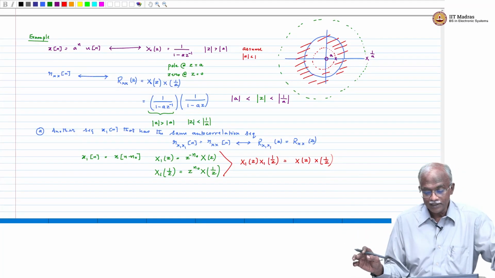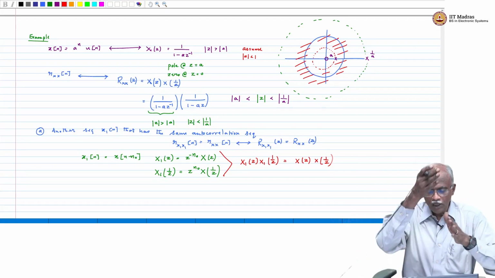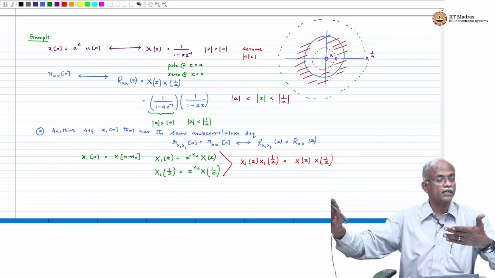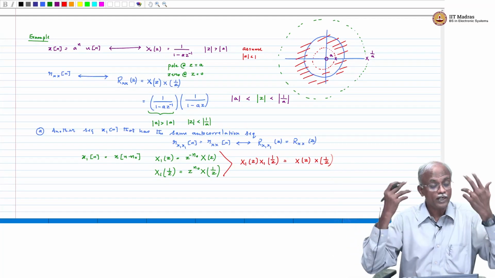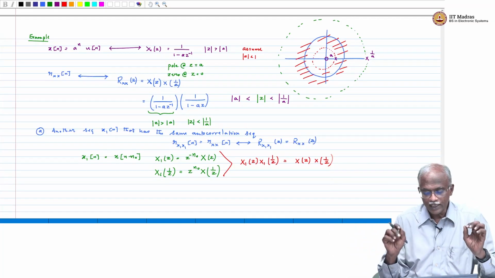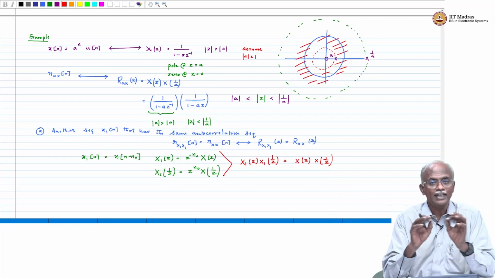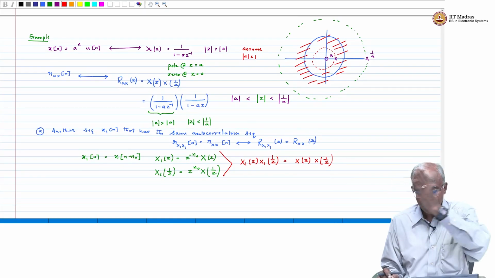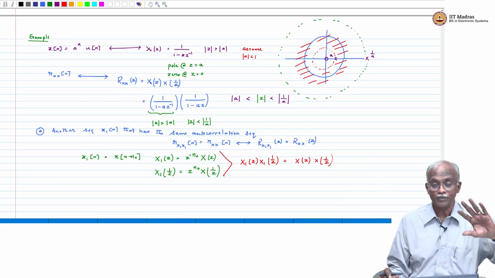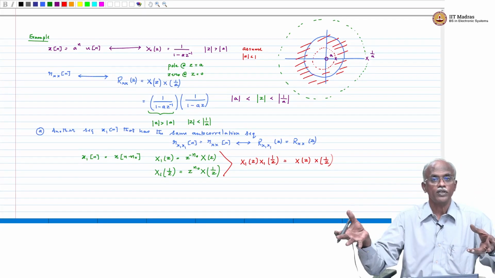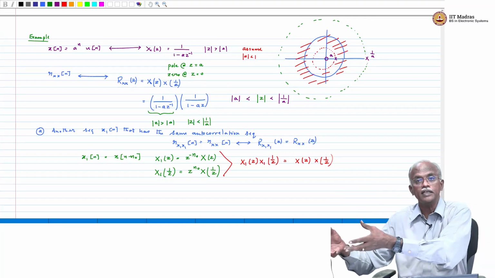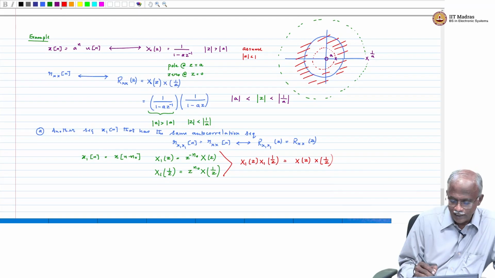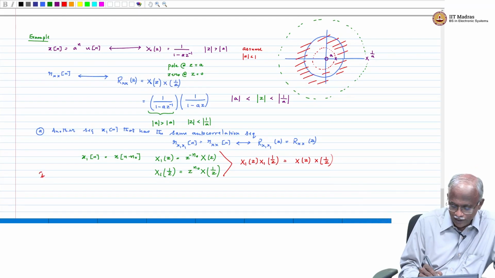Something that we may have had to plot, look at in terms of the autocorrelation, and then try to figure out, we were able to get the answer very quickly without any difficulty because we looked at it in the Z transform. The Z transform is the same, so therefore the autocorrelation has to be the same. Sometimes it is easier to look at a result in the transform domain and then come to a conclusion.